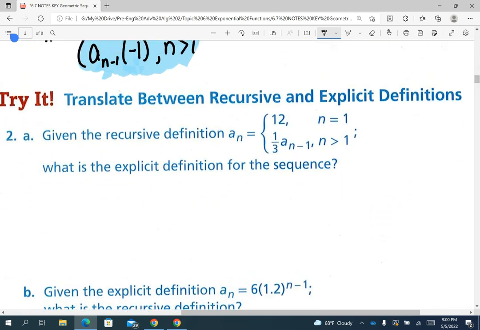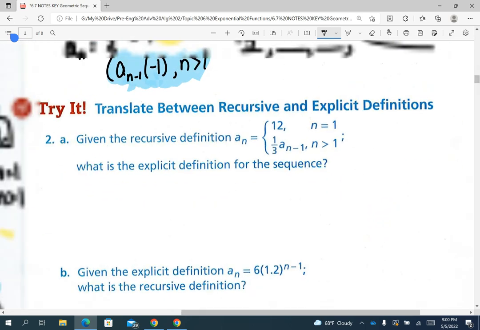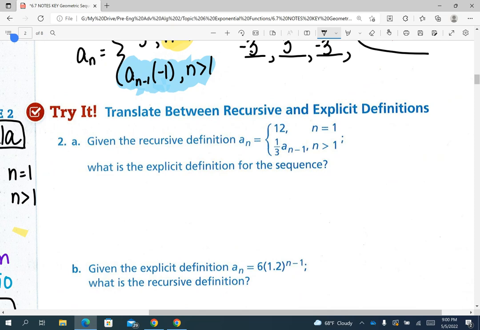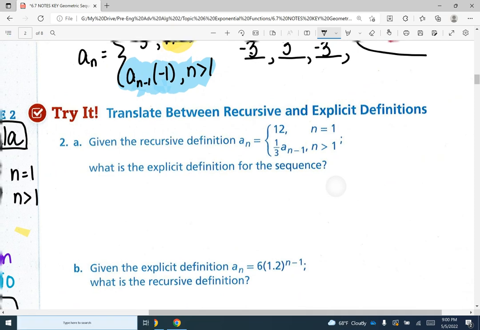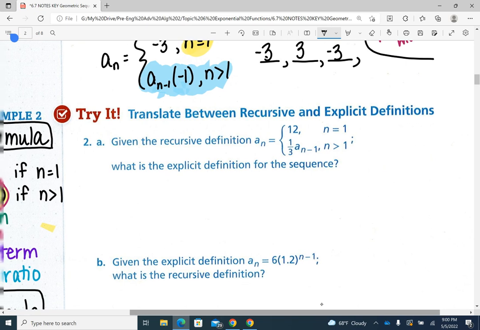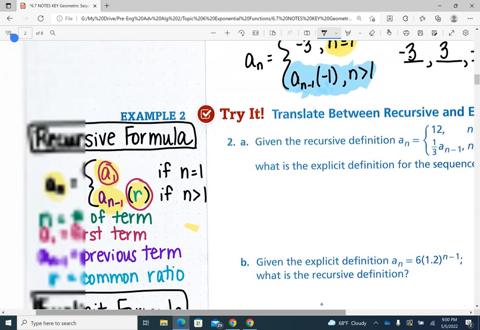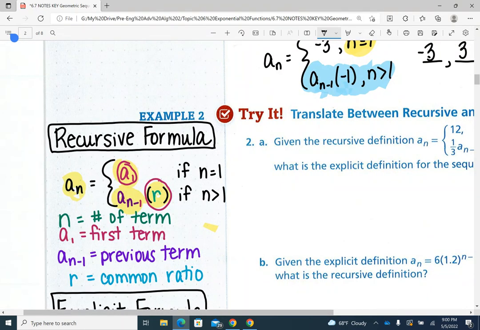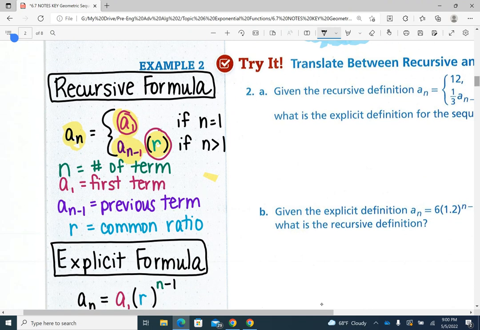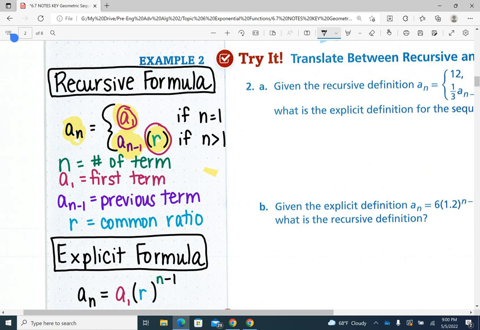The next thing you'll have to do is look at the recursive definition and change that to the explicit definition for a sequence. Because while the recursive definition is nice for telling us how the sequence works, it's not so great for solving problems. So we have our recursive formula with all the defined terms. Now we have our explicit formula. A1 still means the first term.